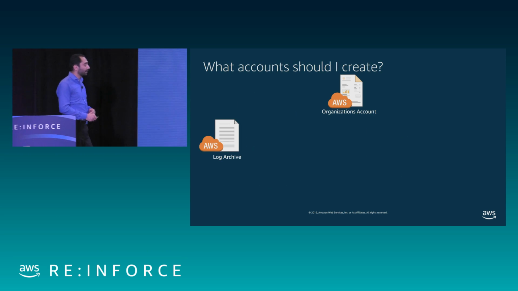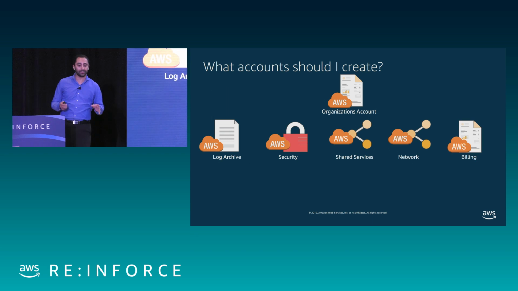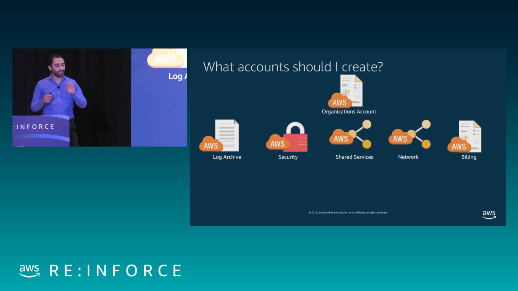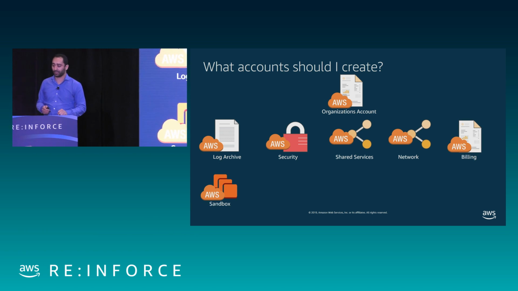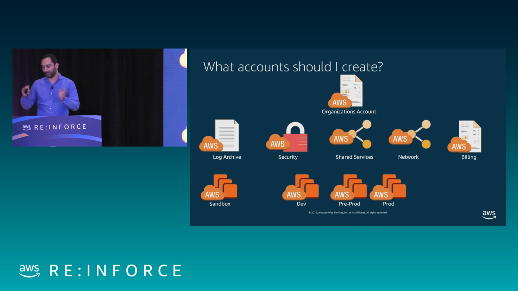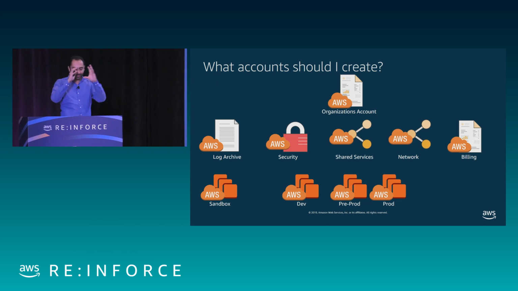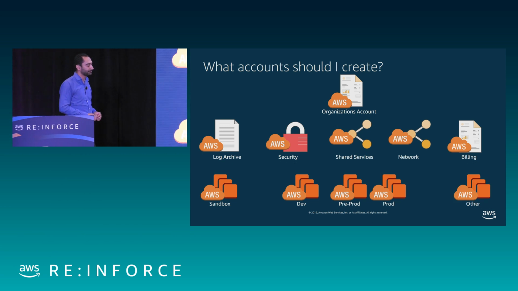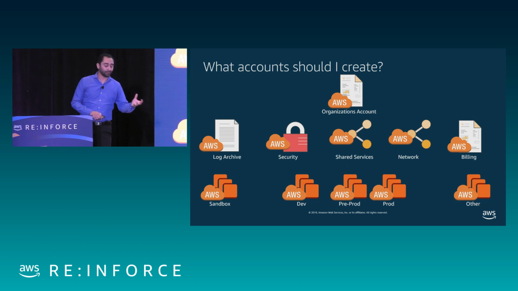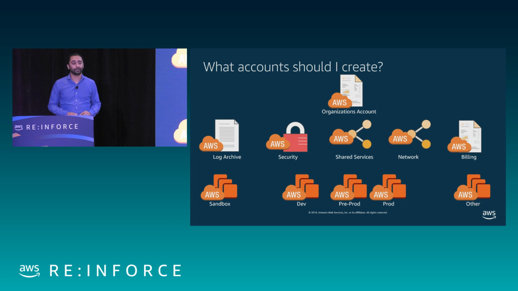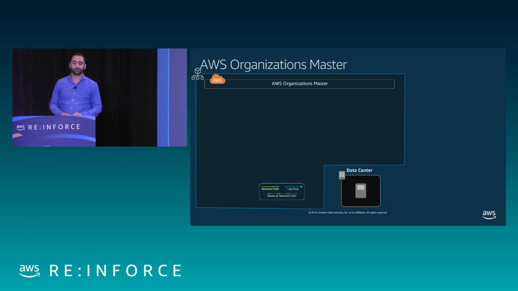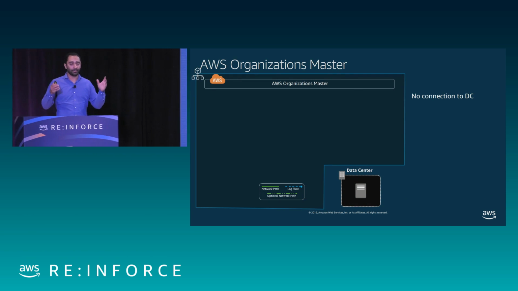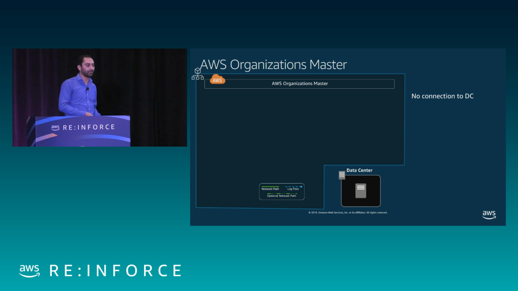Then from there, to establish that isolation, we've got a whole bunch of accounts and things to start thinking about. Again, think of it as that container space that we're talking about. Not to be confused with container that's associated with Docker, just this space that we can put together. So we start with the top of the hierarchy. The Organizations Master account should be owned by somebody who's responsible for the security of the organization.